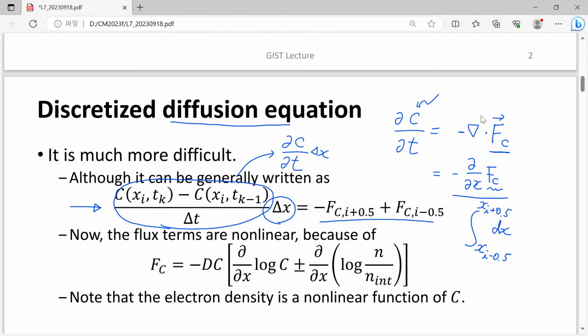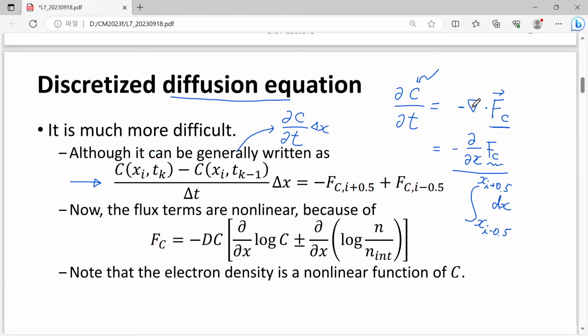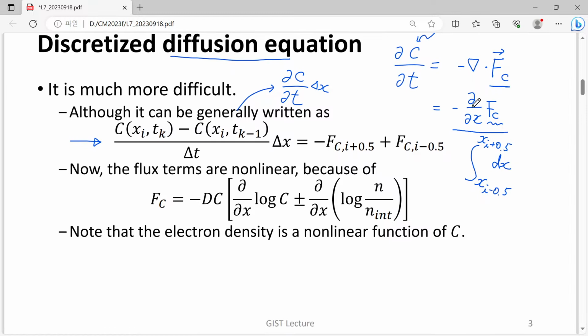We spent our previous lecture 6 deriving this kind of expression. Depending on the polarity of our dopants, we have a different sign here. But anyway, when you look at this flux term, you can immediately find that there is some dependency on C, of course, but there is also a dependency on electron density.